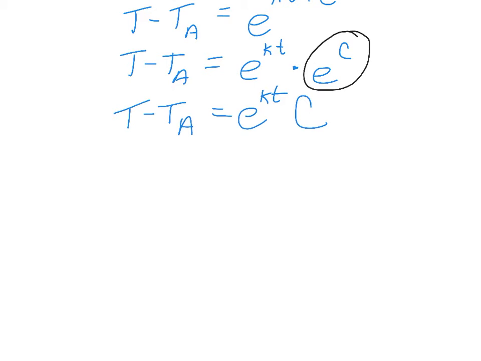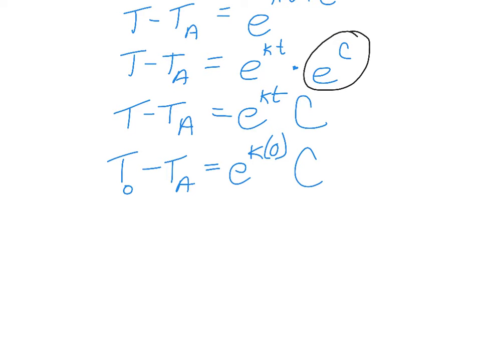Now, if we go back to that question, we were told we're going to let T0 be the temperature at time 0. So I'm going to throw in a few T0. So that's the temperature now at time 0, when time was 0. And we have all of this.